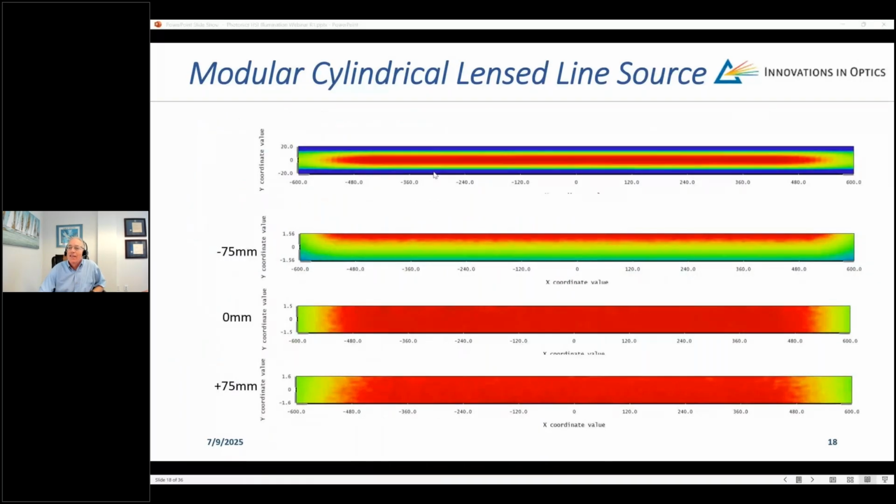So this represents the pseudo-color image of the intensity distribution at the working distance of 200 millimeters for this cylindrical modular LED line source. And you can see it's high uniformity across the line, relatively narrow width over the plus or minus 75 millimeter range. You start falling off a little bit, but it covers most of that range.